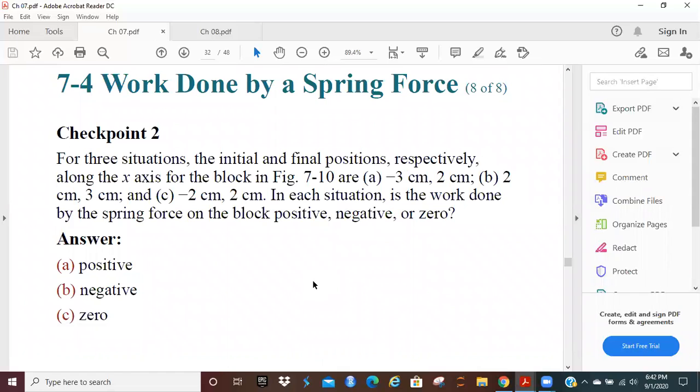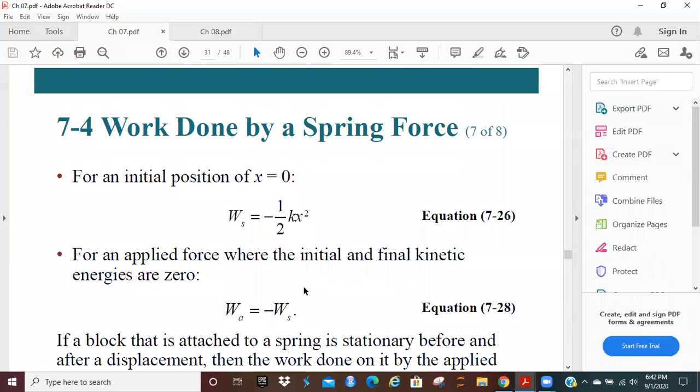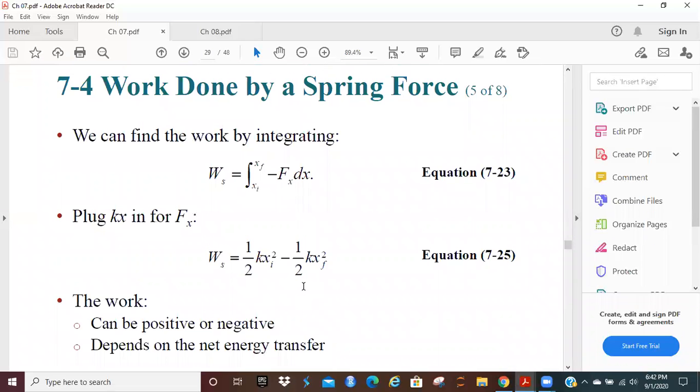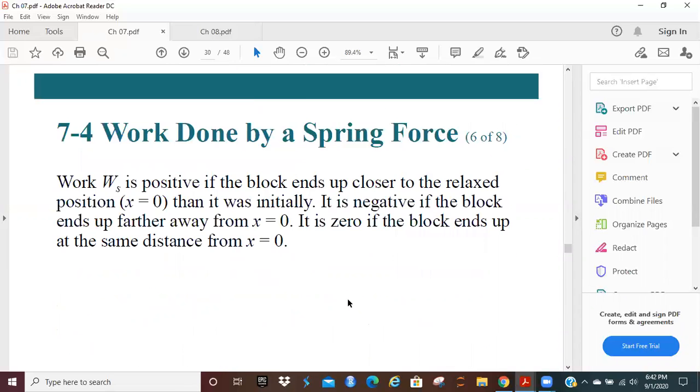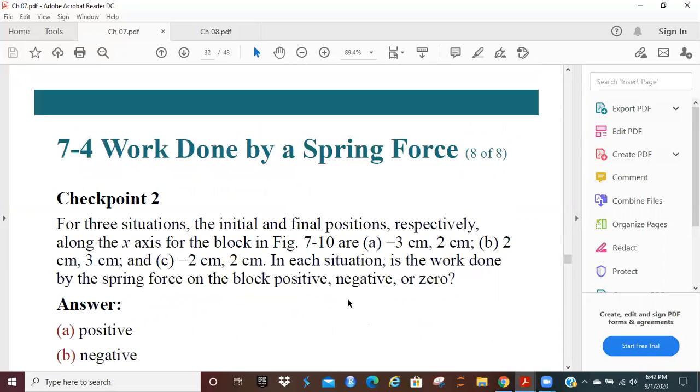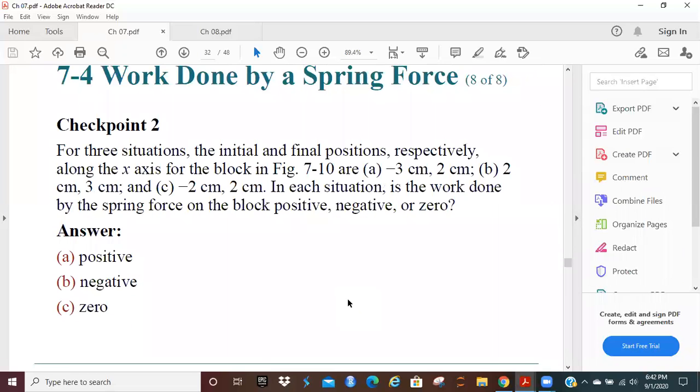So for these three situations, consider the initial and final positions respectively along the x-axis for the block in figure 7.10. In other words, this guy right here. The initial and final positions along the x-axis for the block are -3 and 2, then 2 and 3, and then -2 and 2.